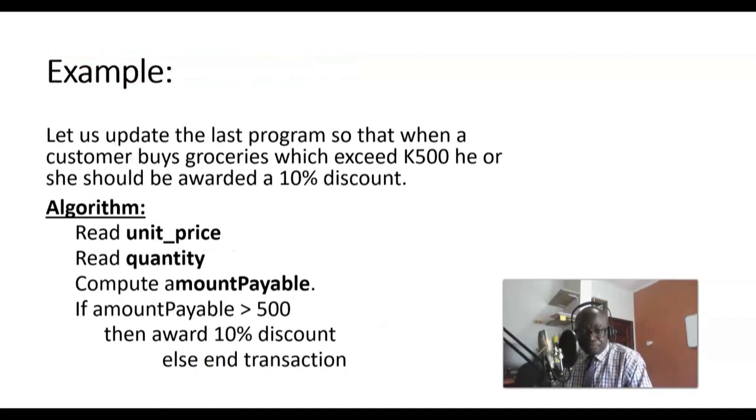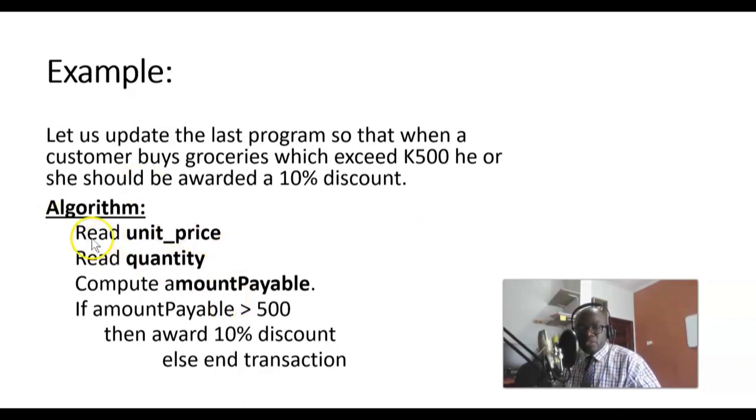And for this example, we are building on what we did in the previous demo. And so what we are going to do is update the last program so that when a customer buys groceries which exceed a certain amount, in this example 500 kwacha, he or she should be awarded a 10% discount.